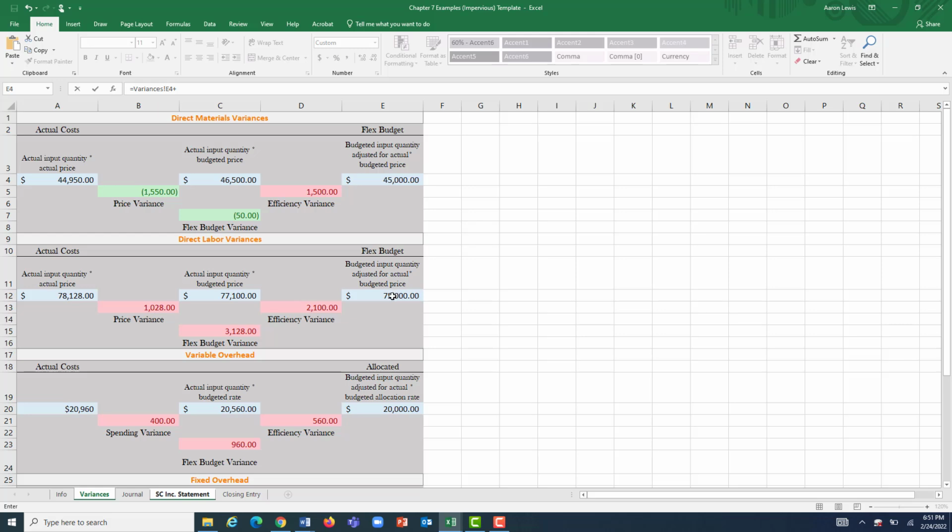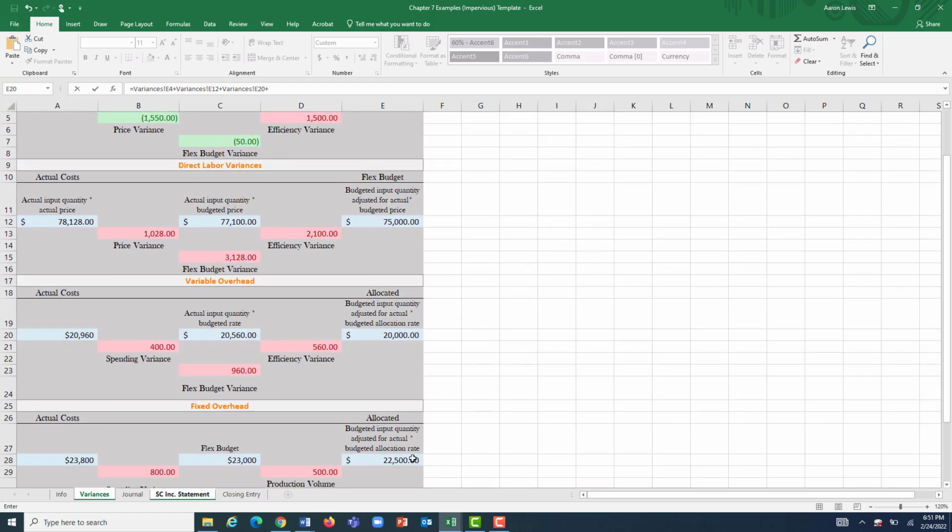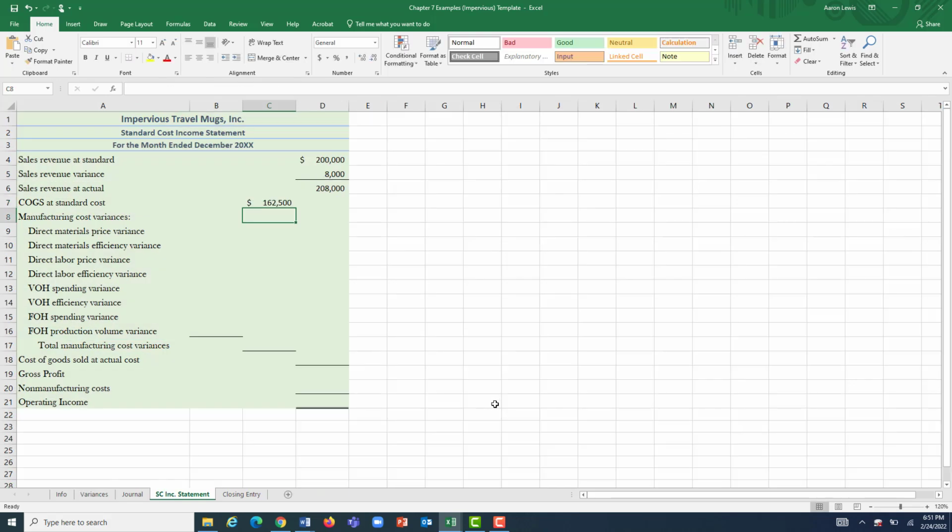We should have spent $75,000 on labor. We should have incurred $20,000 worth of variable overhead if we hit all our overhead standards. And we should have incurred $22,500 worth of fixed overhead. And that adds up to $162,500.